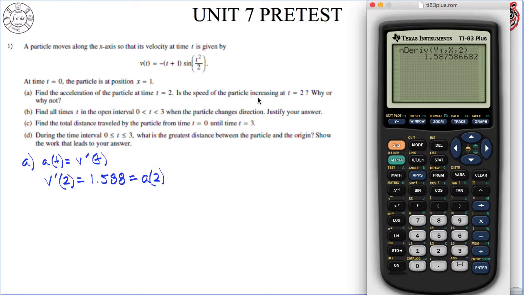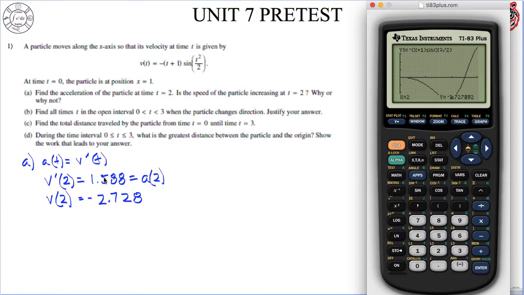So is the speed increasing at time equals 2? We have acceleration at time equals 2, but we need velocity at time equals 2. The way that we do that is easy. We go to our graph and we have to go to trace, and then we punch in 2, enter. And at x equals 2, y is equal to negative 2.728, if I'm rounding correctly.